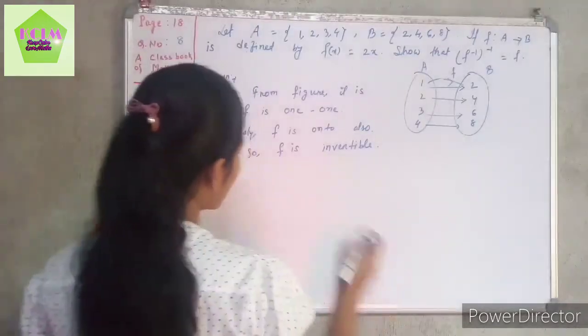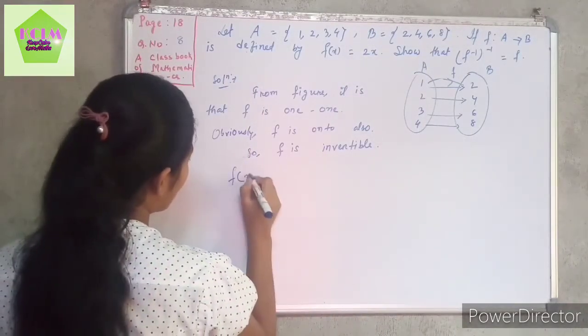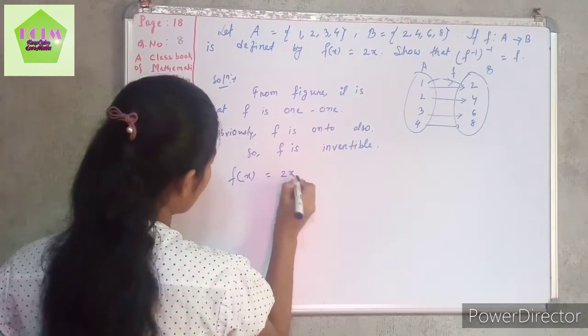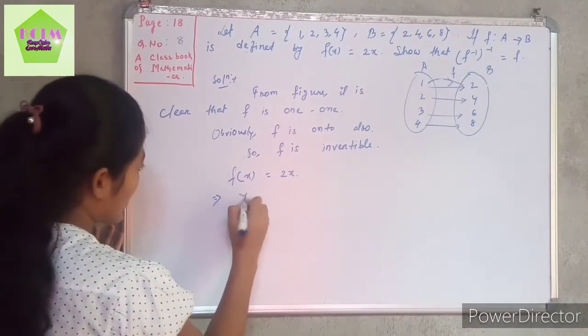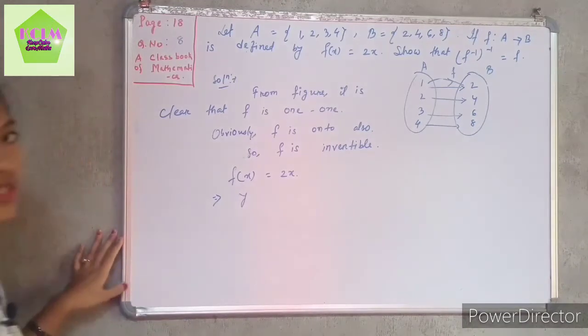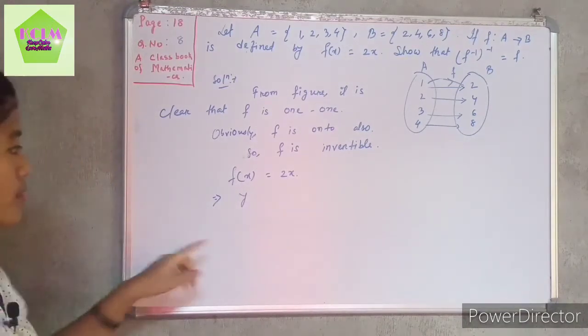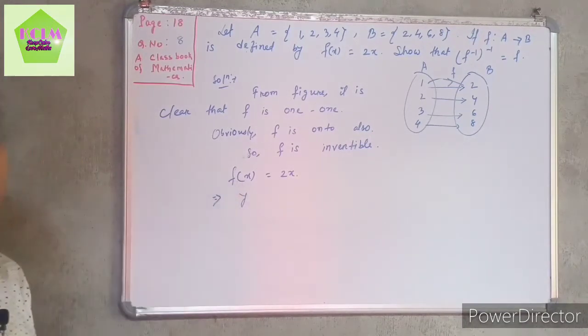Now we are given f of x equal twice x. Let us take that f of x equal y. Since f is a function from A to B and y is the image of the element x.